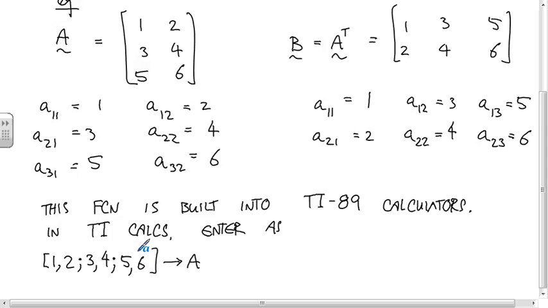And then once you have this matrix in here, if you go to catalog, and once you get into the catalog, just press the letter button T, and I guess transpose would be the first one that comes up if you have it on your calculator.